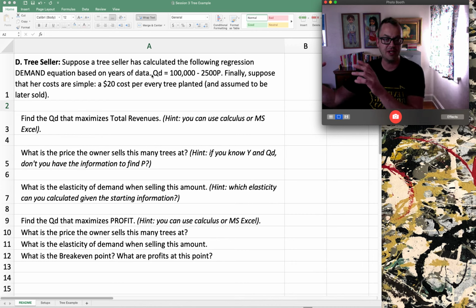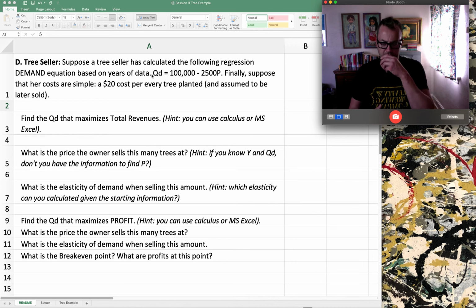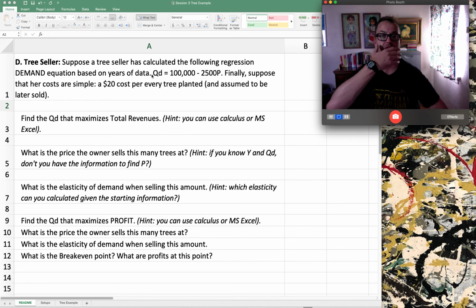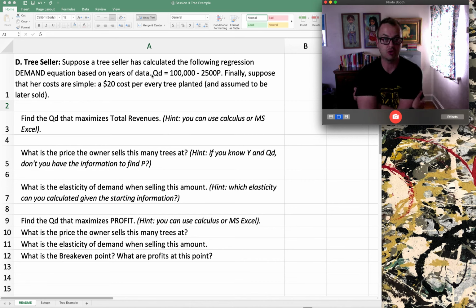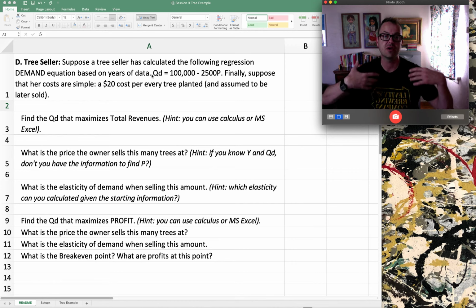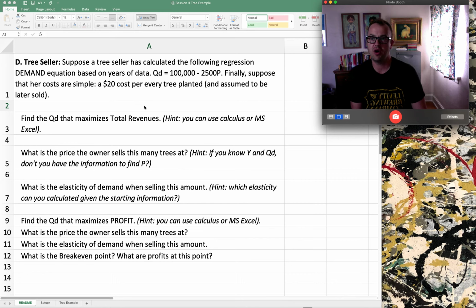I like this example because we've gone to a local tree seller, and if there's only one tree seller, that tree seller may have to decide, we have all these trees, what should be the right price, okay? So let's say that this tree seller has a cost of about $20 per tree that they plant.